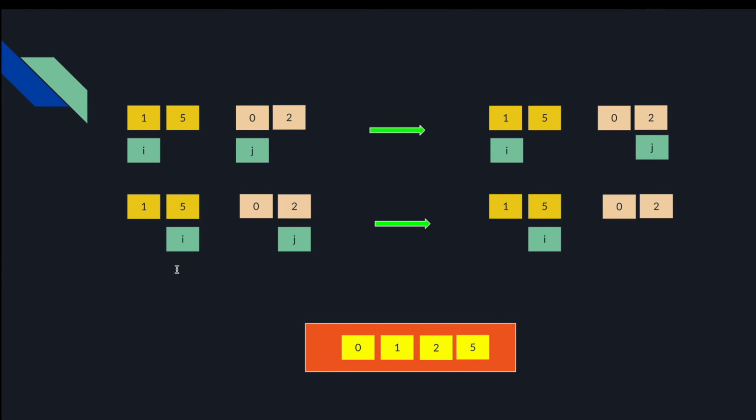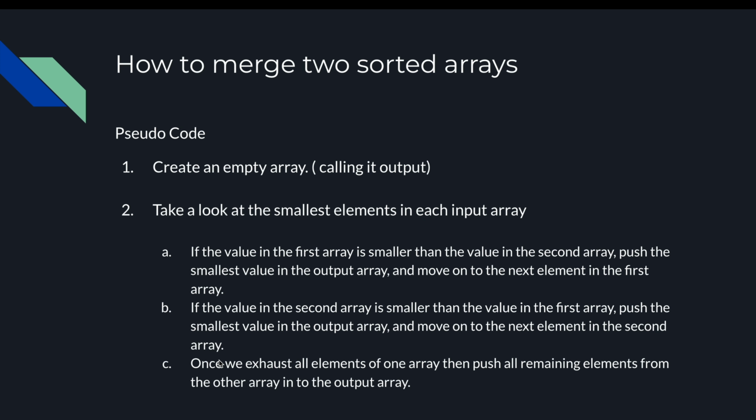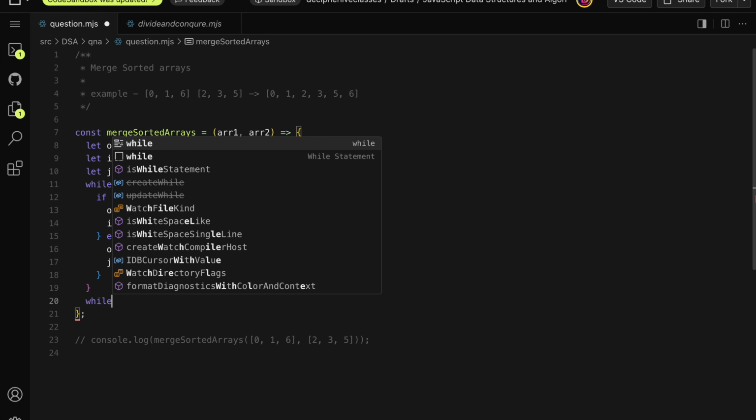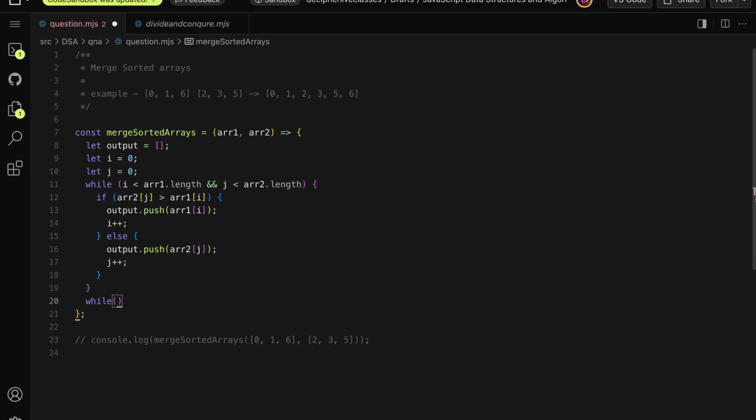Now if we look at our pseudocode, in the end you will see once we exhaust all elements of one array, then push all remaining elements from the other array into the output array. So now let's assume that we have iterated over all the elements of array 1, then we have to make sure we have added the remaining elements of array 2 into our output array.